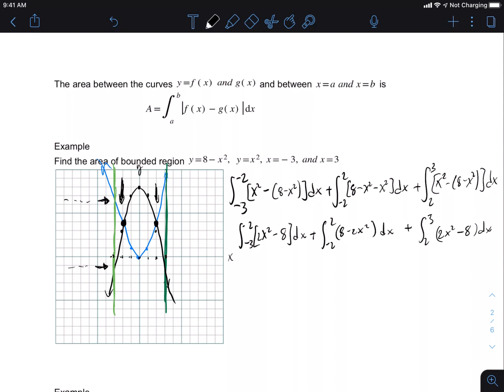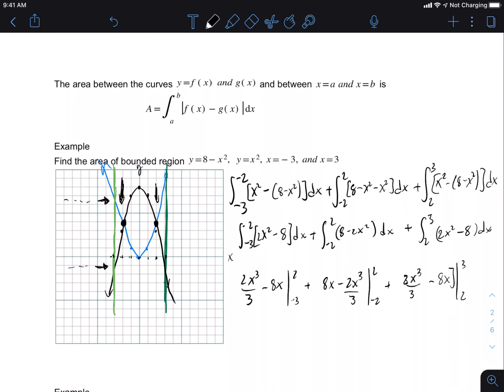So now we integrate this. I'm going to get 2x cubed over 3 minus 8x from -3 to -2, plus 8x minus 2x cubed over 3 from -2 to 2, plus 2x cubed over 3 minus 8x evaluated from 2 to 3.